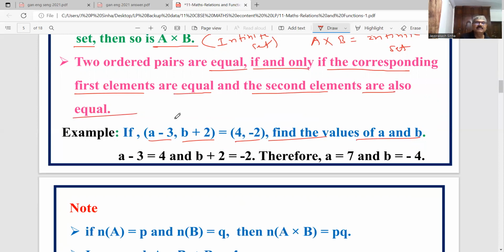So from this, it means if these have to be equal, a minus 3 should be equal to 4, and b plus 2 should be equal to minus 2. Isn't it? So when a minus 3 is equal to 4 and b plus 2 is equal to minus 2, when we solve it, we get a equal to 4 plus 3, that is 7, and b equal to minus 2 minus 2, that is minus 4.